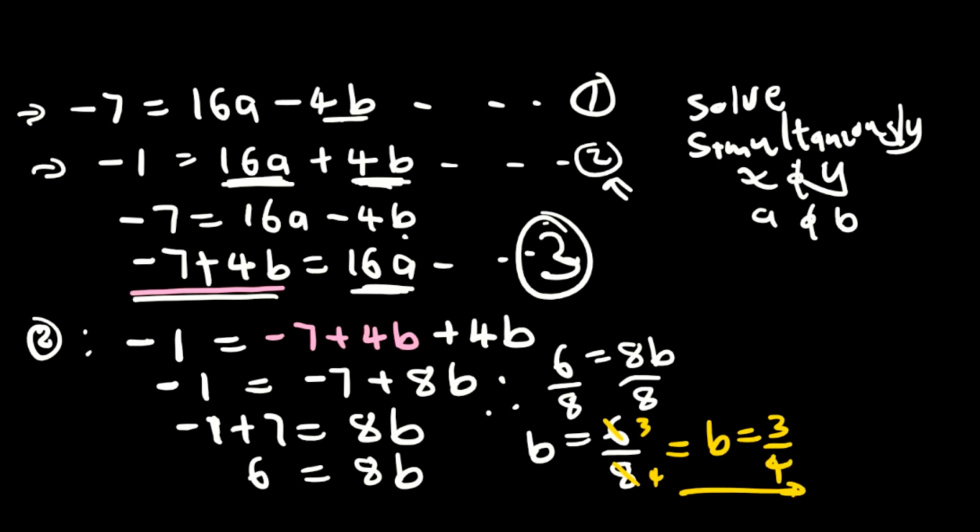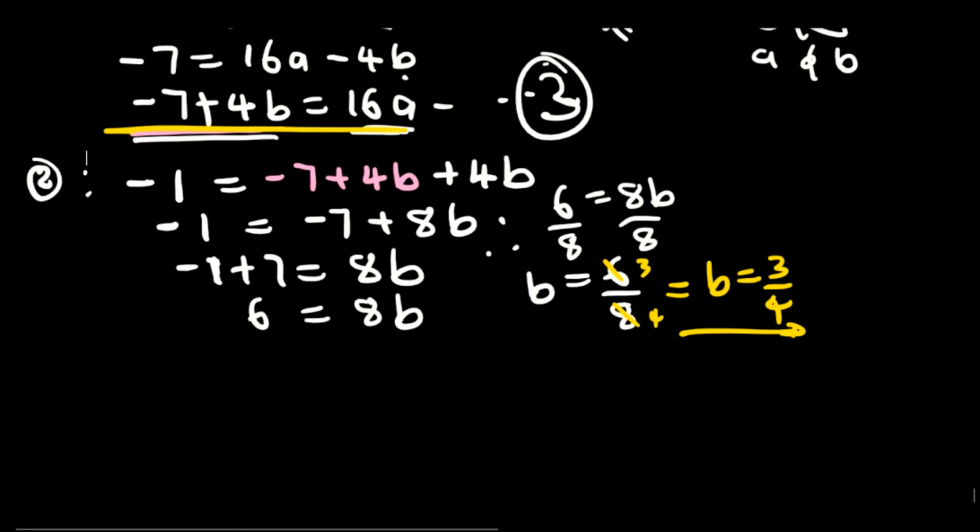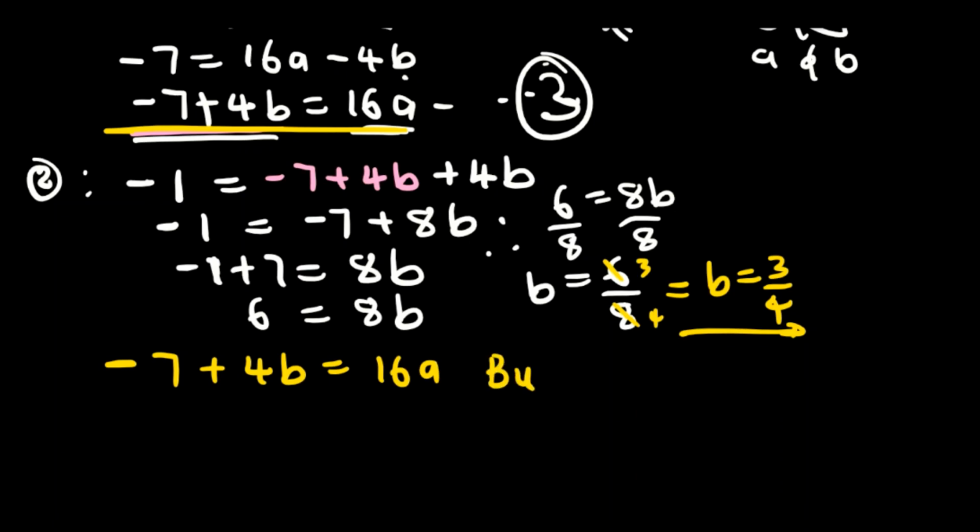Then you want to find your value of a. So we know very well that we used equation 3, which says 16a = -7 + 4b. So you're going to use that. But we just found that b = 3/4. So now we're going to substitute wherever we see b, we substitute it as 3/4.